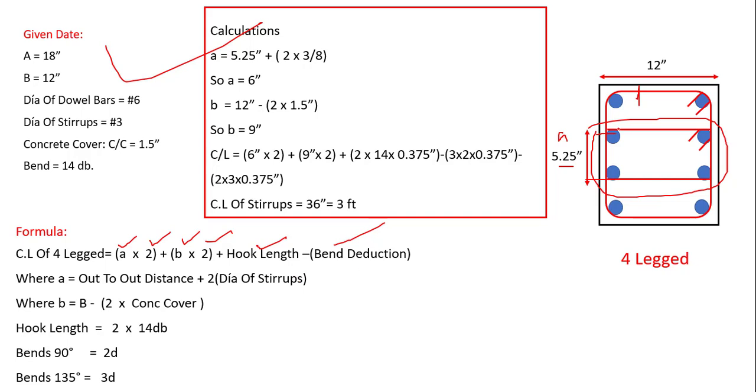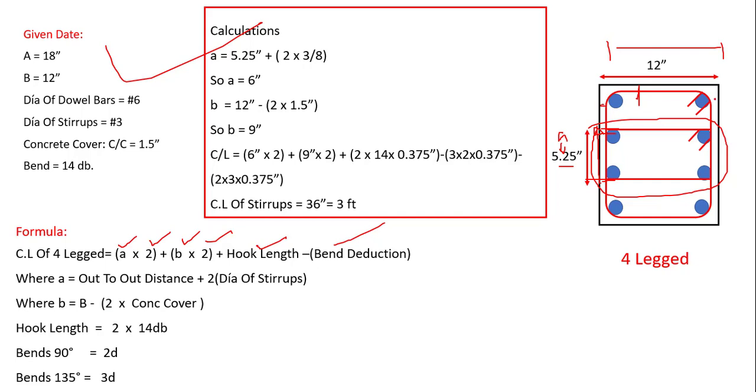So we need to take the dia of stirrup as well in order to find the outer length of the stirrup. So 2 into dia of stirrup will give us the total length right from this position up till here for this stirrup. So A is changed right now. And B is equal to this B, the total, minus the concrete cover.